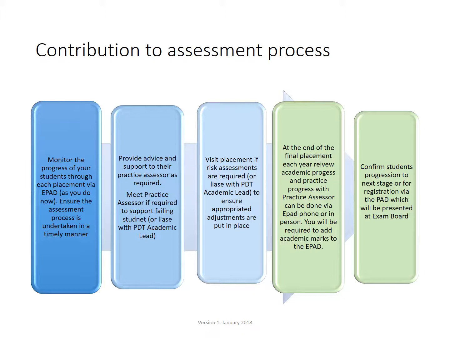In other words, are you concerned about the student? Have you had an opportunity to discuss if required? Yes, yes, yes. Are you both in agreement the student can progress? Yes, you'll click the final verification button. Then the student's results will go to Unit E to go into the exam board.